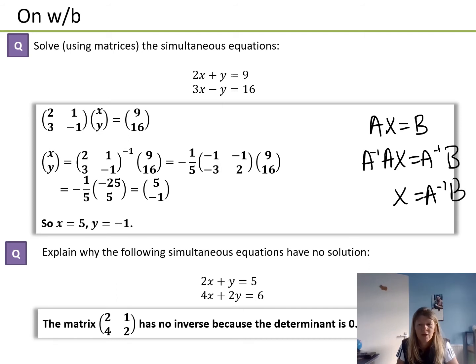Now you can't do that if you haven't got an A inverse, can you? So you can't solve those simultaneous equations, and so they don't have any solutions. And we'll get to that next lesson, the different geometric representations when these planes don't always meet, or these lines don't meet.